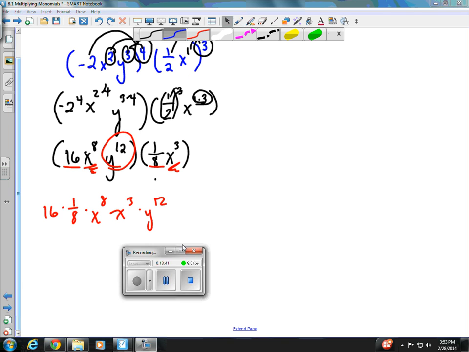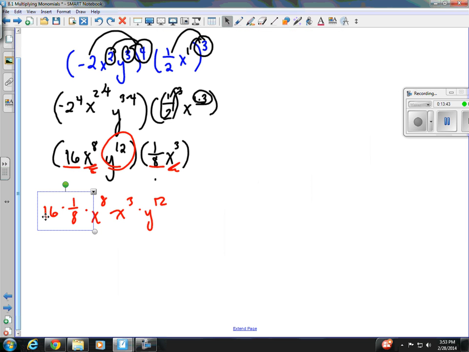Now, just to simplify it out, 16 times 1/8 is 2. I'm going to drop down my base of x, and since we're multiplying these, we add our exponents. So 8 plus 3 is 11. And y to the 12th has nobody to go with, so it just drops down.